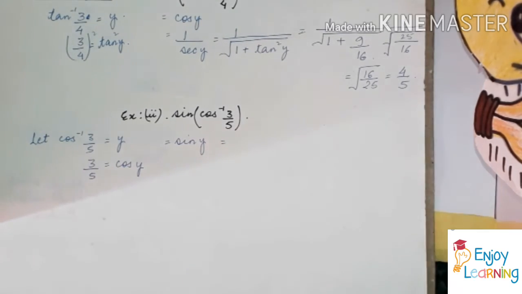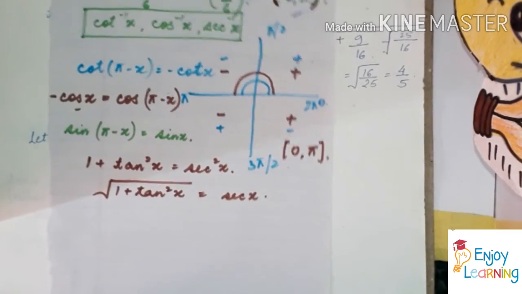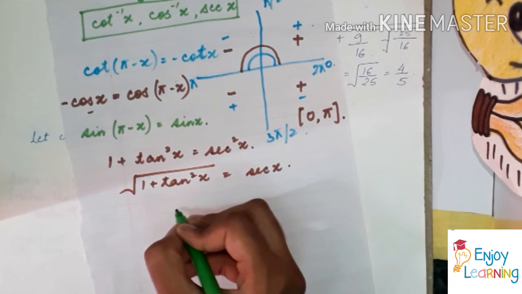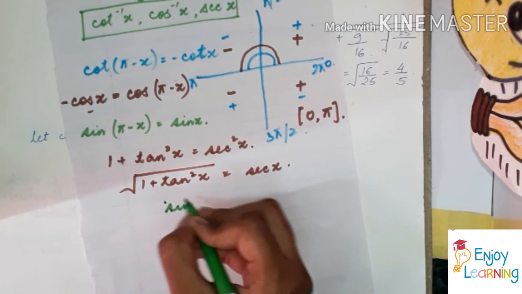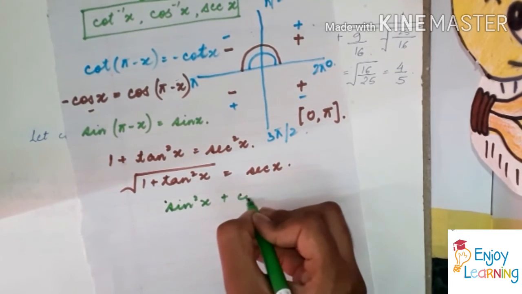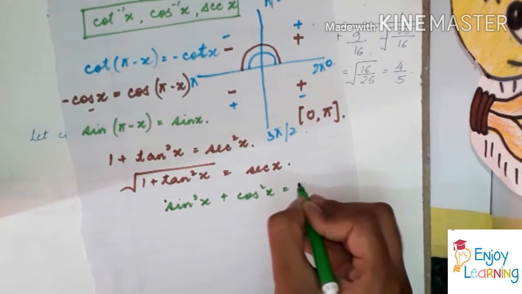So here also, you must remember this property. Sin square x plus cos square x is equal to 1.